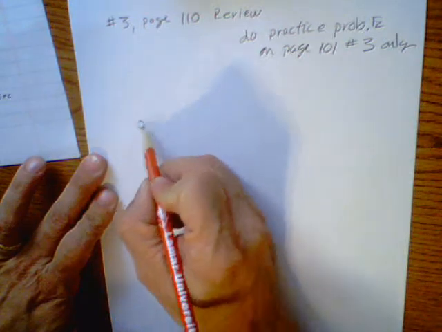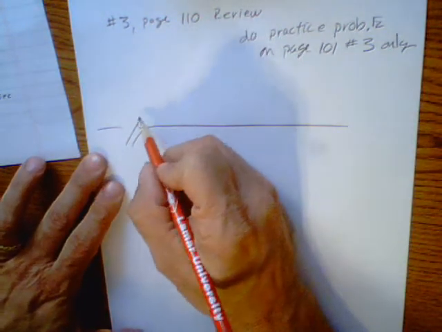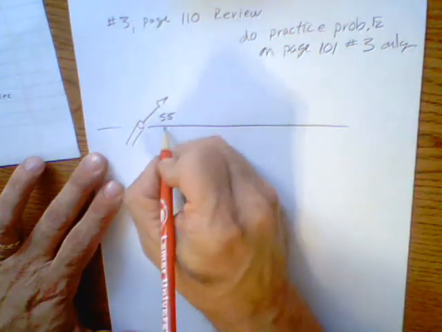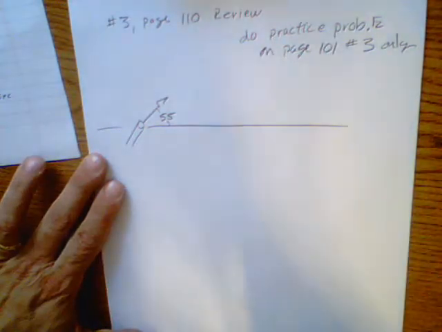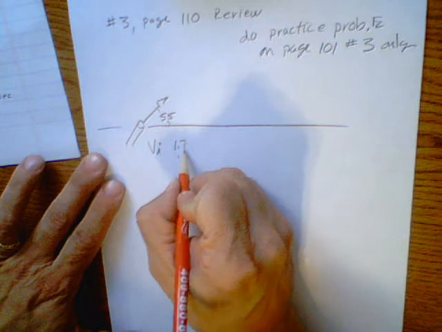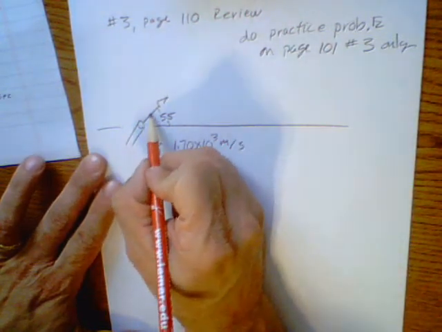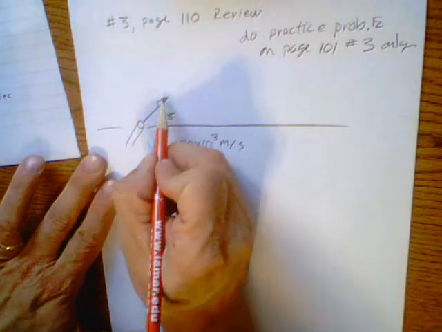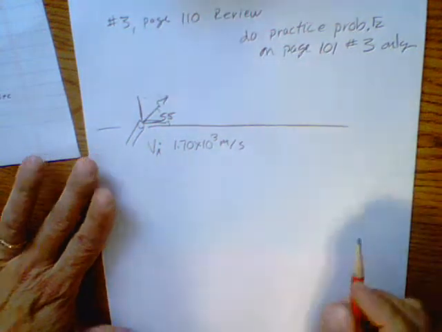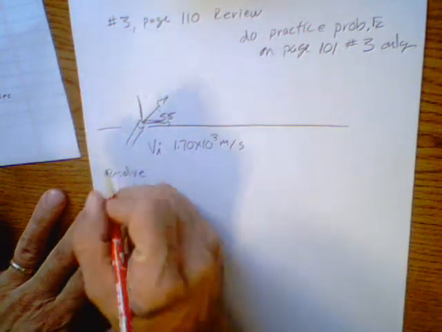All right, so here we have a scenario where we've got an angle of 55 degrees, and we have a velocity. The initial velocity is 1.70 times 10 to the third meters per second. So here's that velocity vector. What I'm going to need to do is resolve this vector first. So that's our step 1.